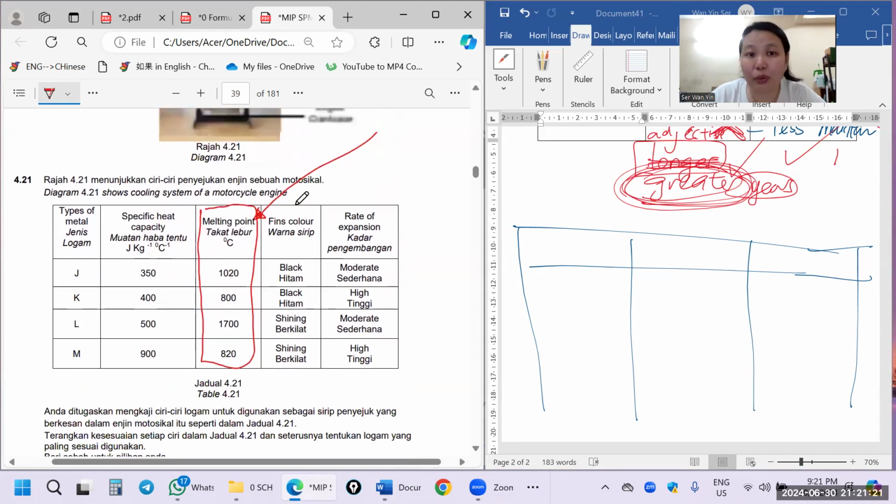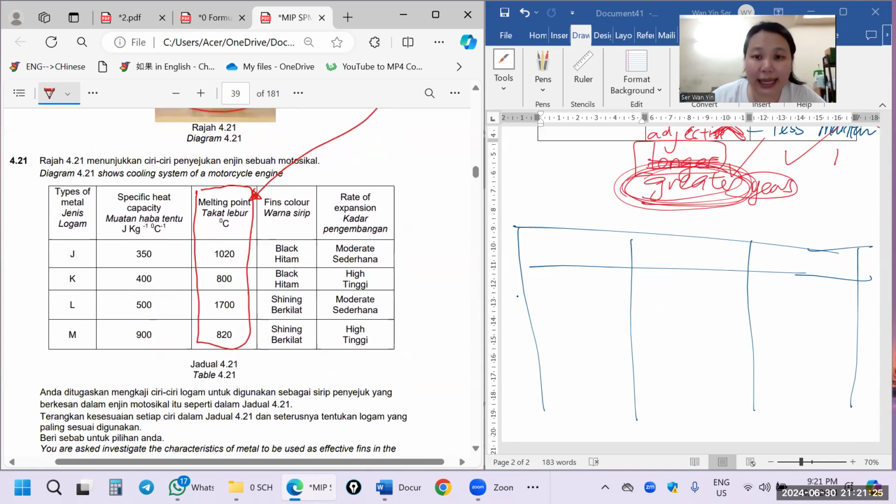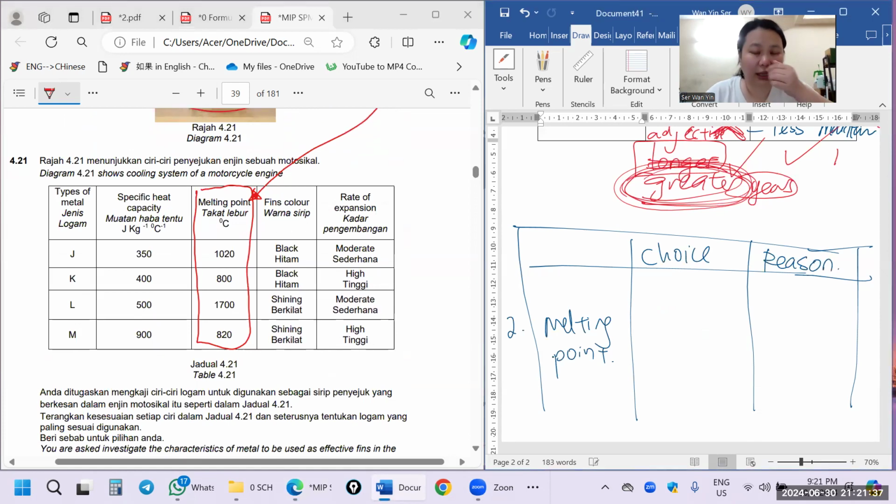So let's say this is number 2. Melting point. This is your choice. This is your reason.